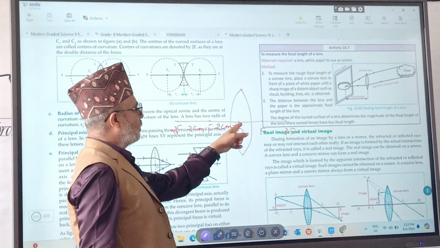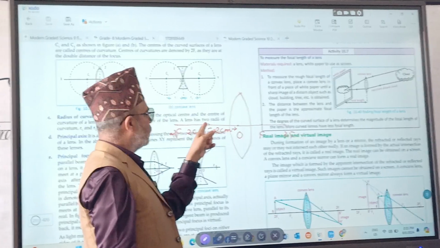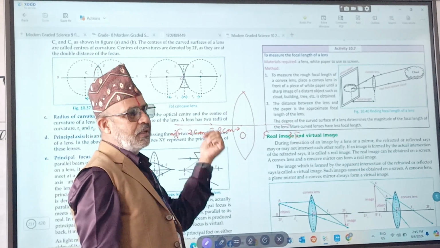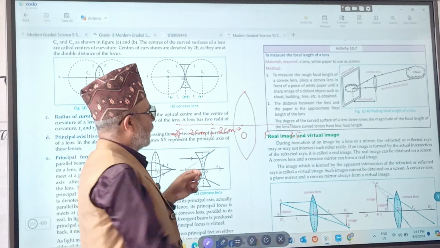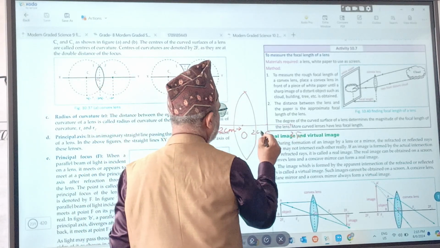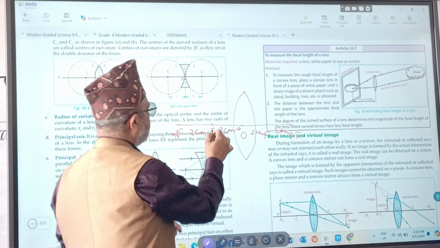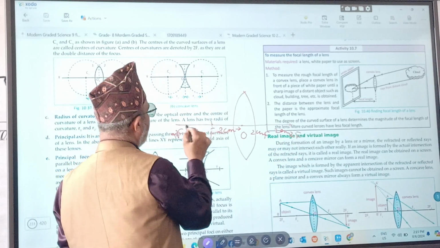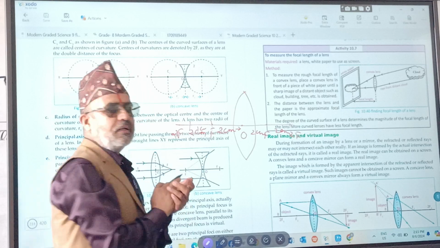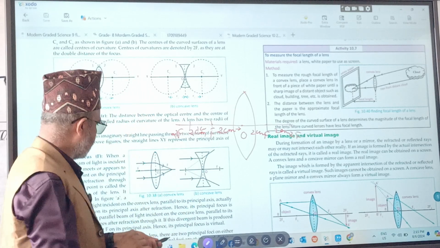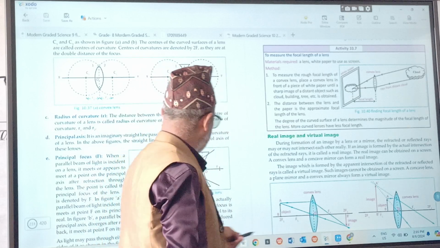First of all, you mark O. From O, measure 2 centimeter and place F, then F to 2F. This side also F. It will be easy, no? Sometimes they make O to F 2 centimeter and F to 2F 1 centimeter. Is that right or wrong? 2F means double of F. Now I think the next point is there.